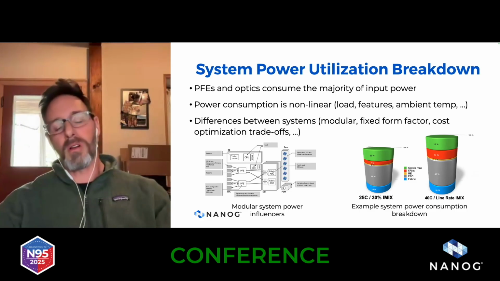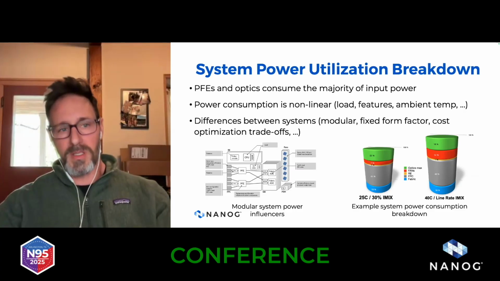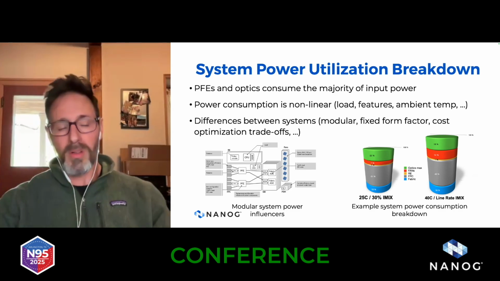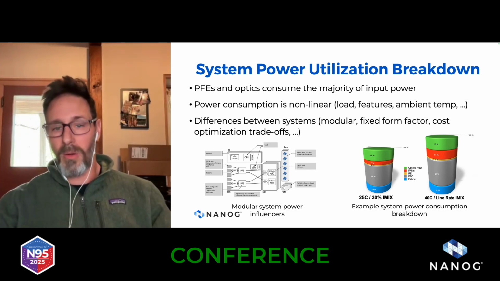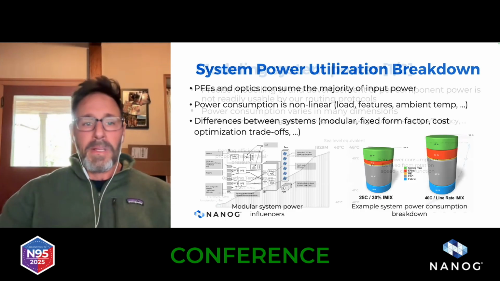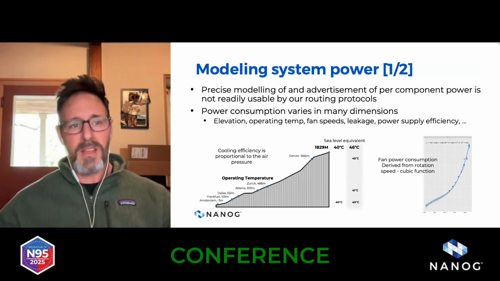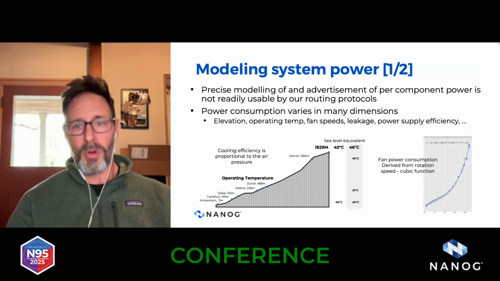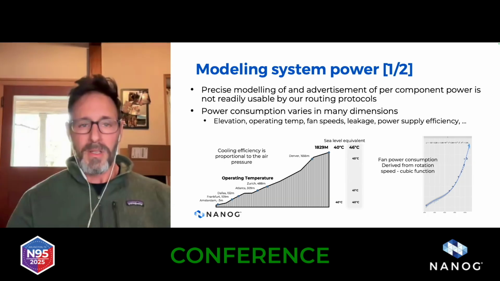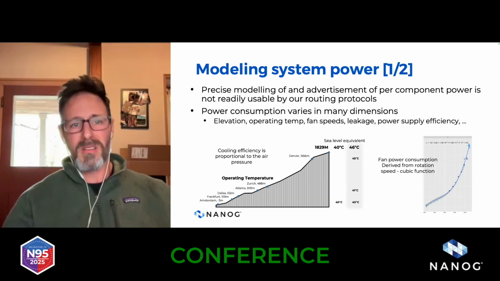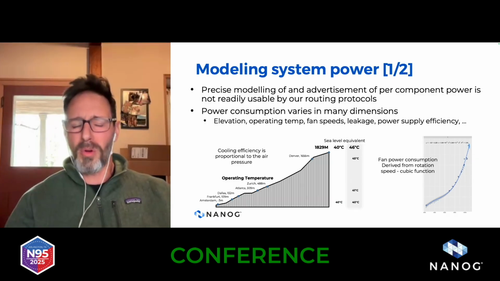And if I throw other vendor systems into the mix, we have a very large matrix of differences in how our systems are built and how they consume power. So this is all to say that the precise modeling of per component power, and use by that per component power, isn't really usable by our routing protocols.